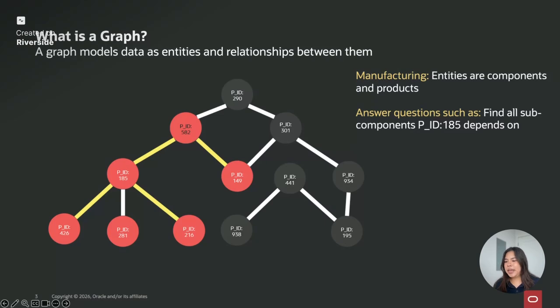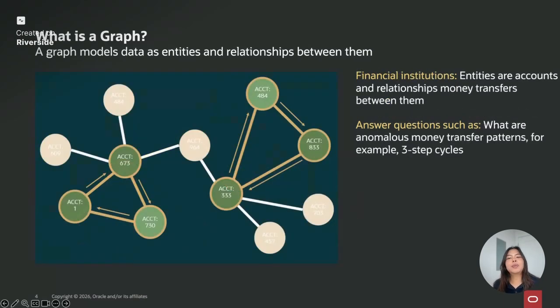I feel like we take for granted that maybe one screw won't make a change on other parts of our components or other parts of our manufacturing cycle, but a little screw can have a lot of impact in our manufacturing process. And then we also have financial institutions using graphs, right?